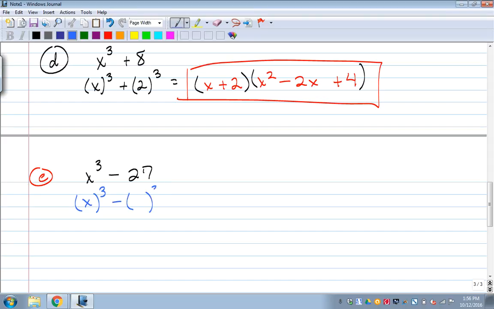What cubed is 27? 3. So what's our short piece? X minus 3. The long piece: x squared plus 3x plus 3 squared, which would be 9.